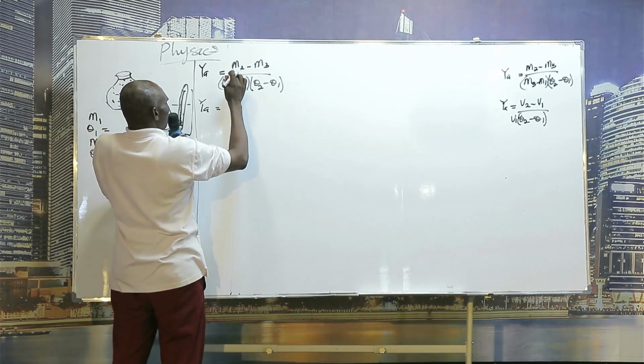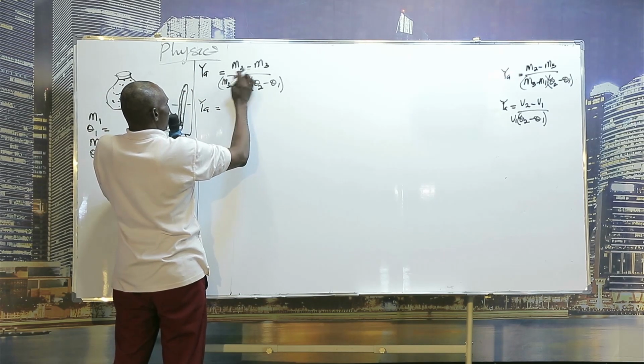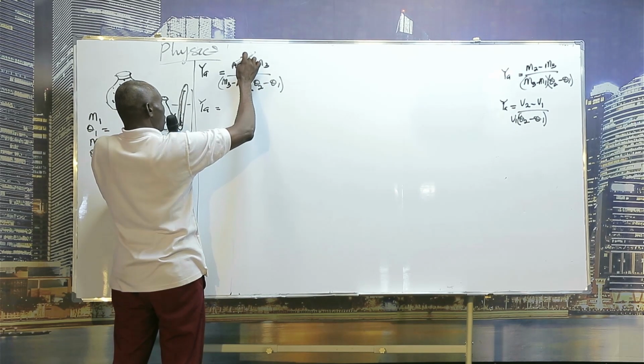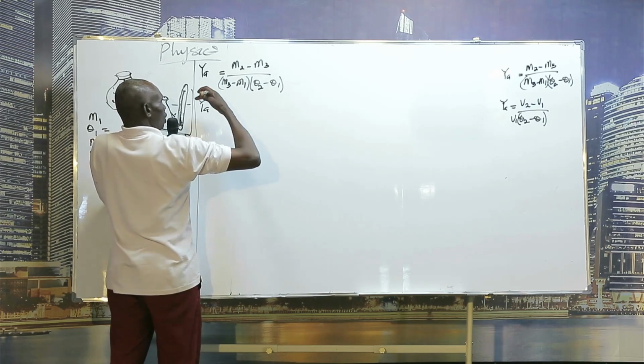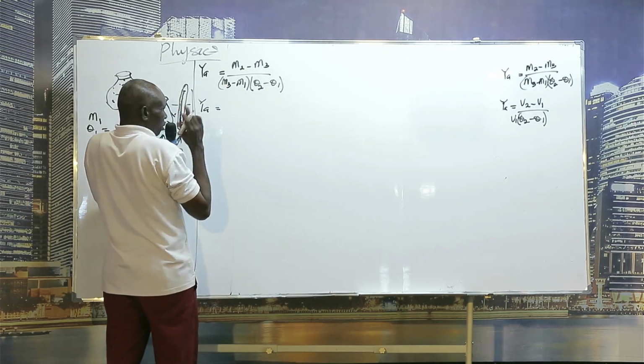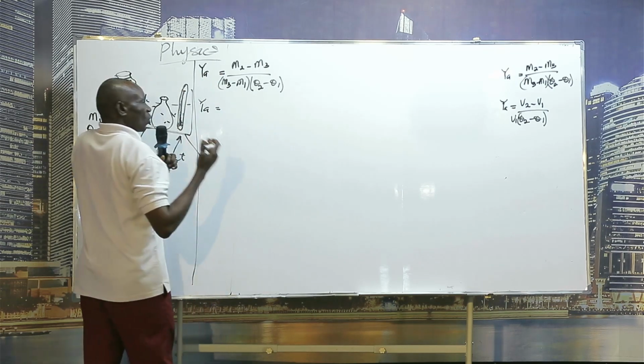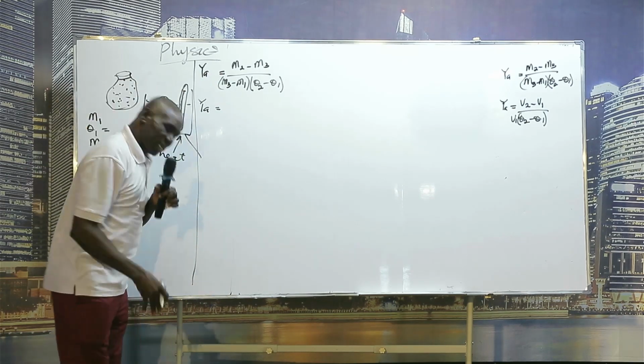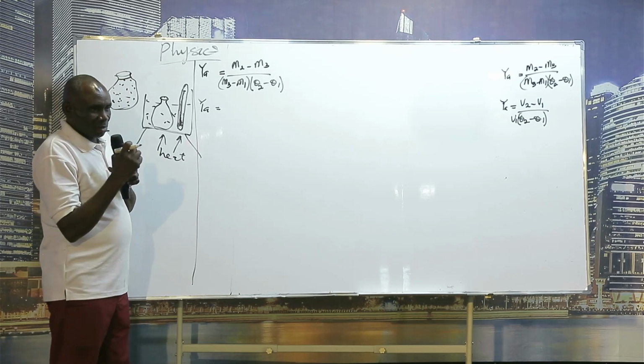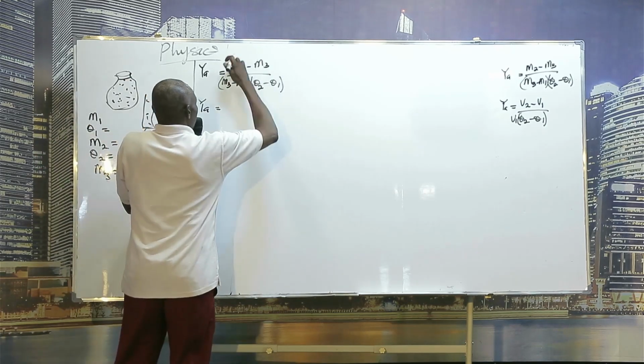When you remove M3 from M2, what is remaining is the liquid that went off, the one that was expelled. That is the liquid that went into the air that you can no longer bring back. That is exactly the meaning of this mathematics here.